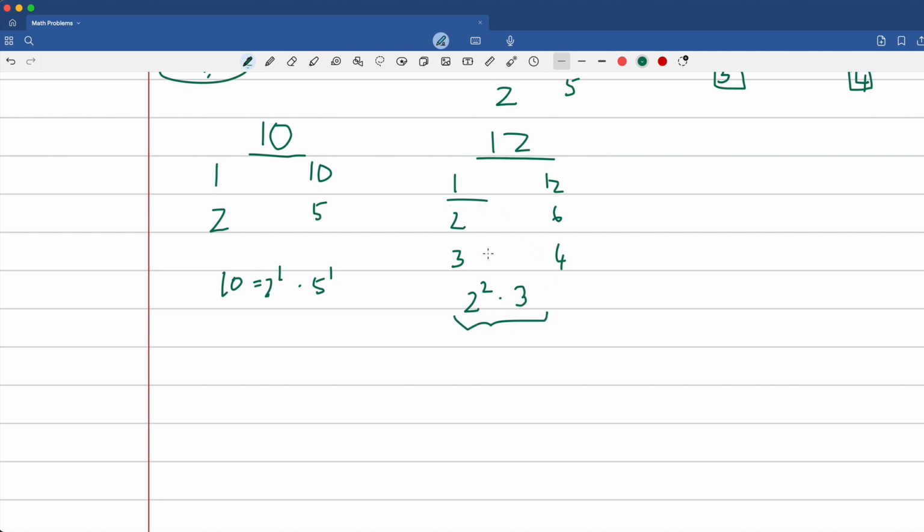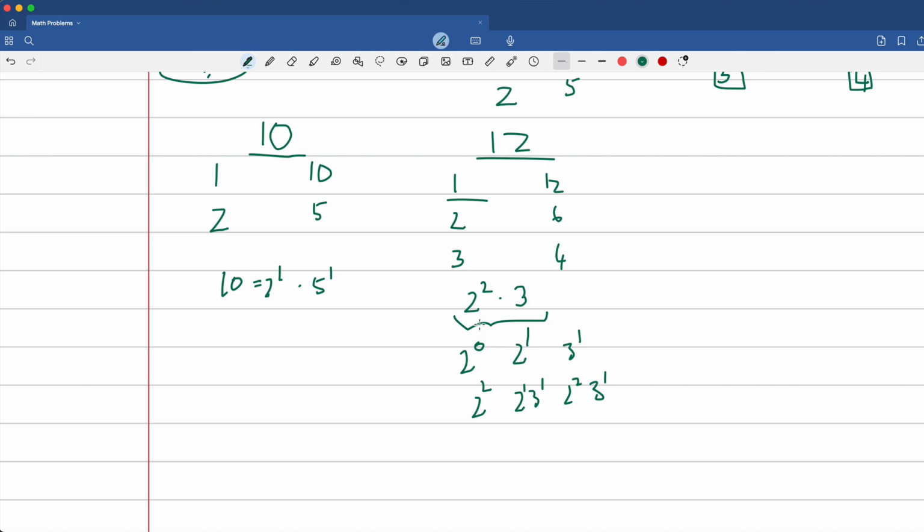So for example, 1 can be written as 2 power 0. 2 is nothing but 2 power 1. 3 is nothing but 3 power 1. 4 is 2 square. 6 is 2 power 1 into 3 power 1. And 12 is 2 square into 3 power 1.